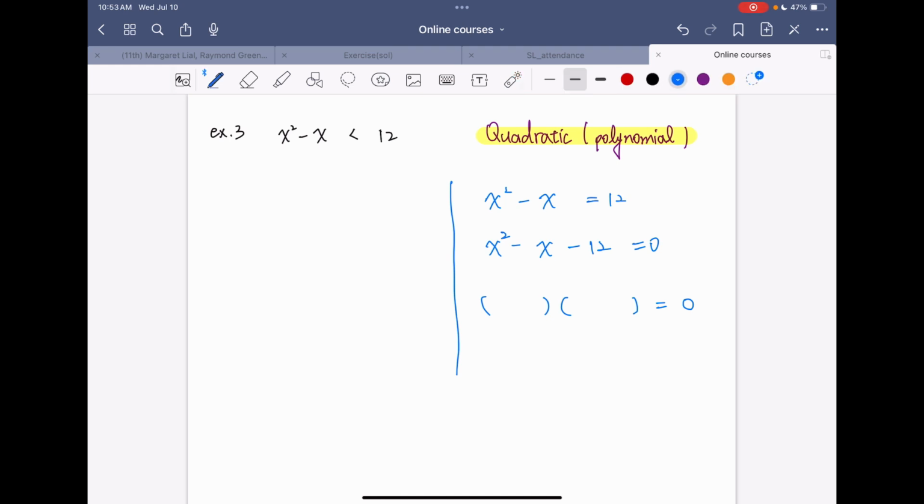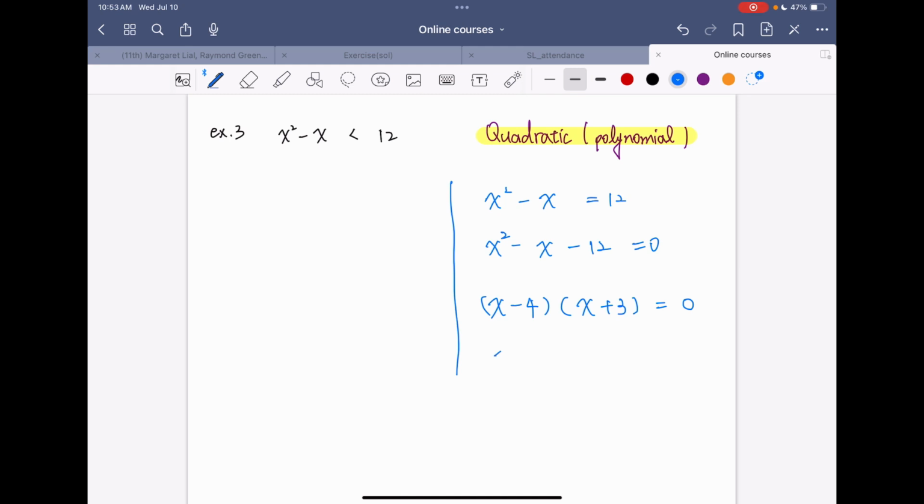So here we got minus 4 and positive 3, because minus 4 times positive 3 gives us negative 12, and if we add them together, we get negative 1. Then we put x in the brackets.